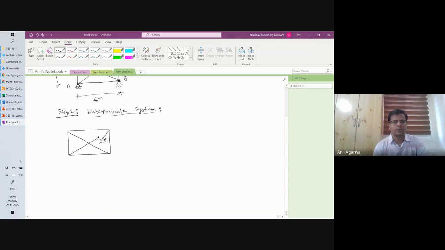This gap is there because I'm applying the external load of 2 kilonewton still.